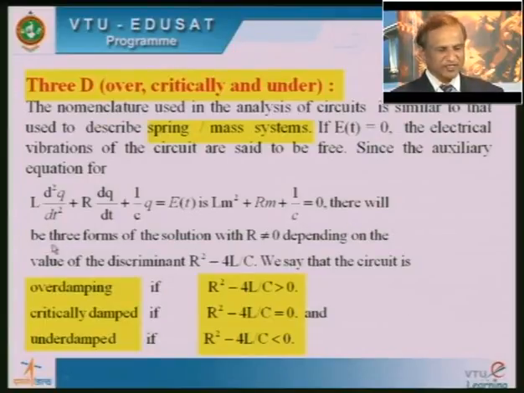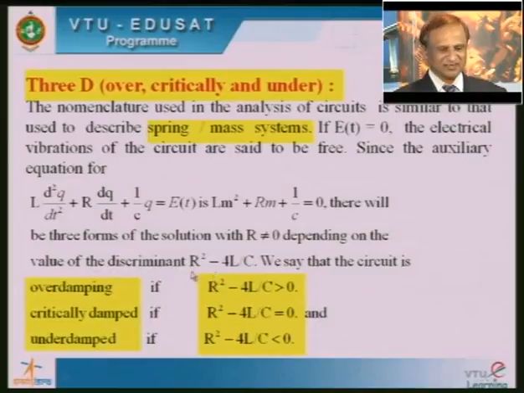Right? So there will be three forms of the solution. Just now I have mentioned, right, we want to find out the value of lambda square, omega square. Exactly in the similar way, now here also we will get three types of values, right, with R not equal to 0, depending upon the value of the discriminant. In the previous case I said lambda square minus omega square.